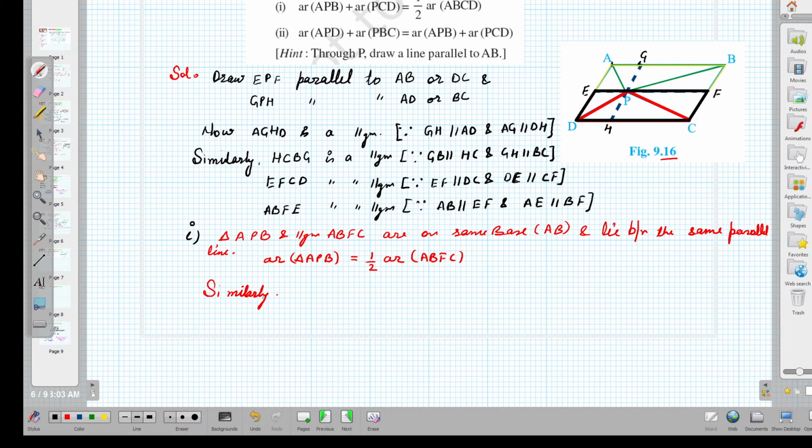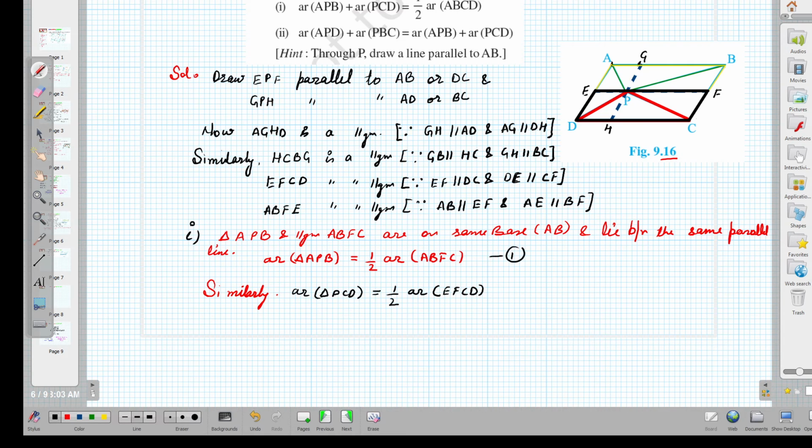So similarly, we can write the area of red triangle. The red triangle is PCD, that is equal to half of the area of EFCD, the black quadrilateral or the parallelogram.